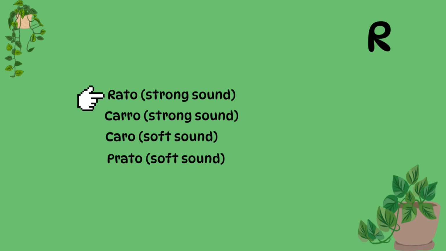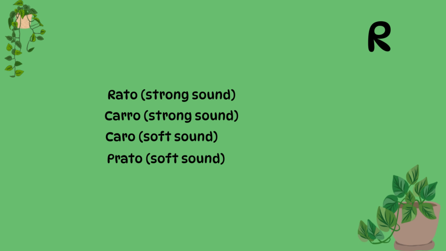When the R is at the beginning of a phrase, or there's a double R in the middle of a phrase, there will be a strong sound, like rato, carro.